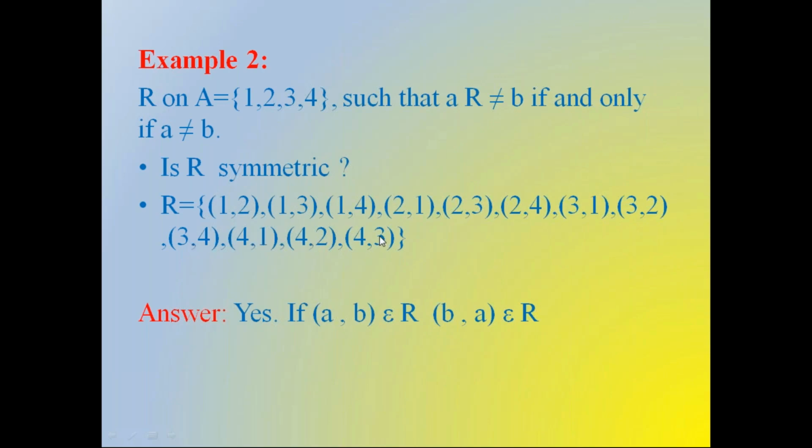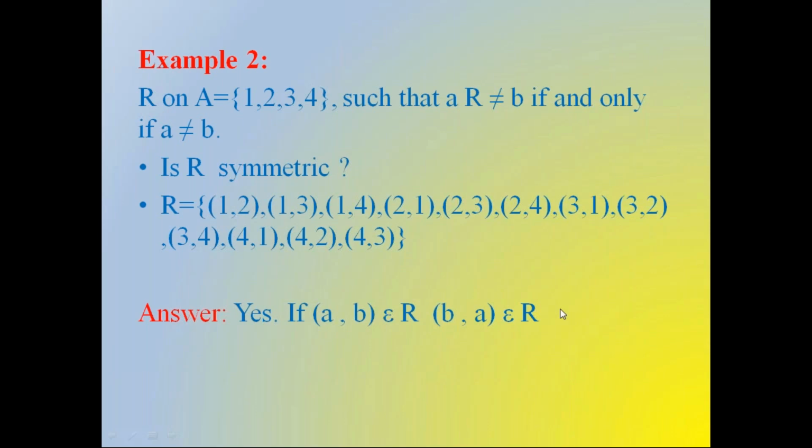The question is: is R symmetric? The condition is: if (a,b) belongs to R, then (b,a) belongs to R. If the second pair appears, then we can call it symmetric. For (1,2), the pair (2,1) appears. For (1,3), the pair (3,1) appears. Therefore, we can call it a symmetric relation.